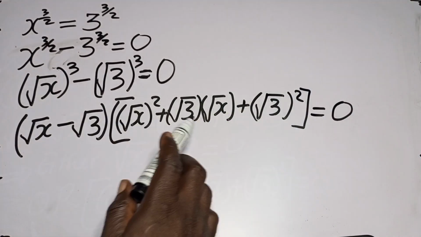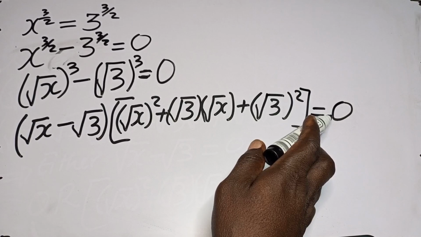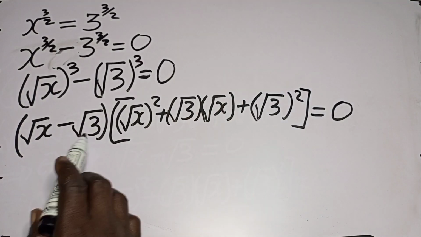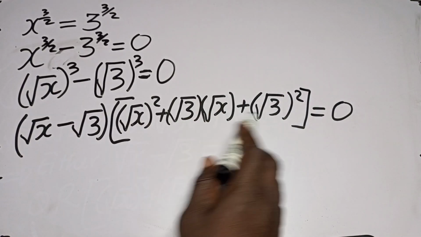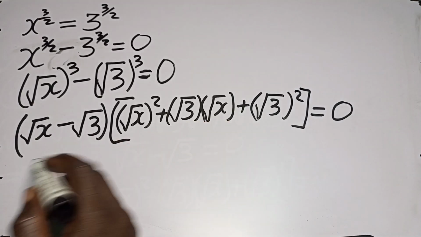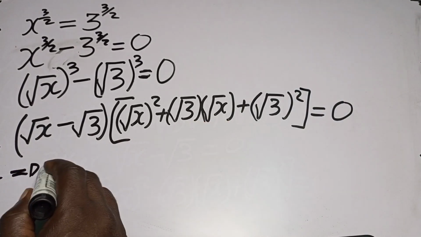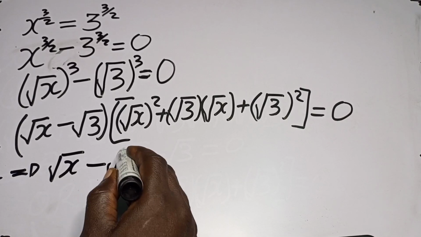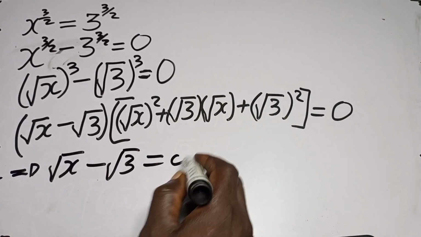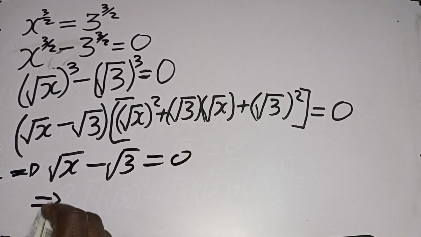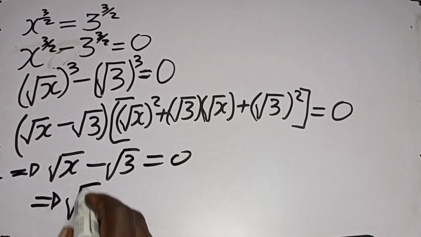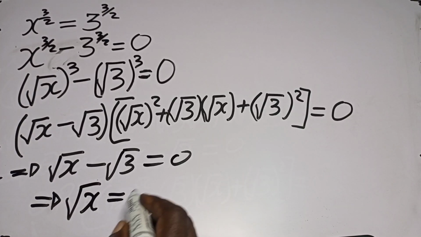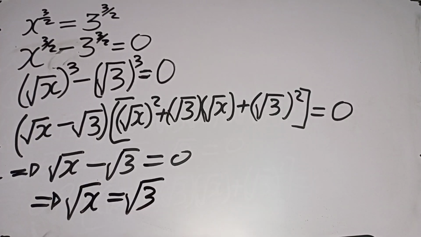We have the product of 2 expressions giving us 0. Either this is 0 or the other expression is 0. So we say either root x minus root 3 is 0. If that is the case, then we are saying root x equals root 3.